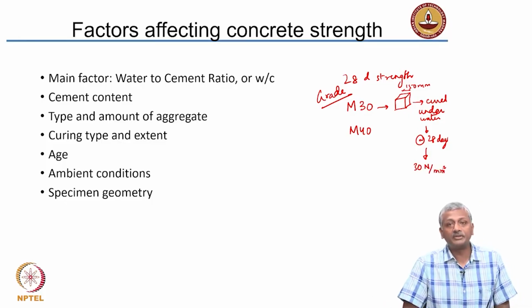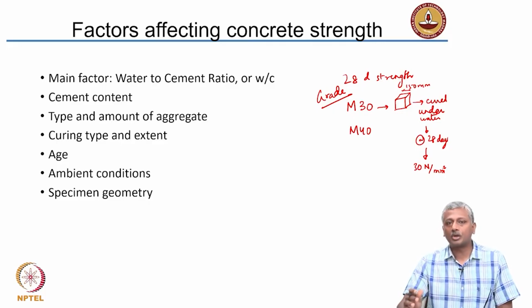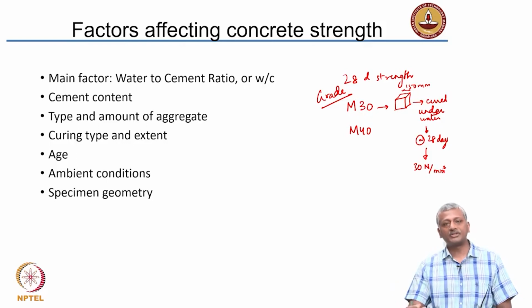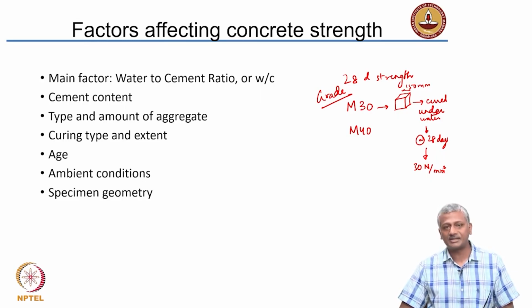That is what is meant by M30. 150 mm cubes cured under water at 28 days gives a strength of about 30 megapascals or 30 Newton per square millimeter. Of course, there is a lot more statistics involved in this definition. I am not going to go through that right now. Essentially, the number indicating the grade just tells you the 28 day strength.